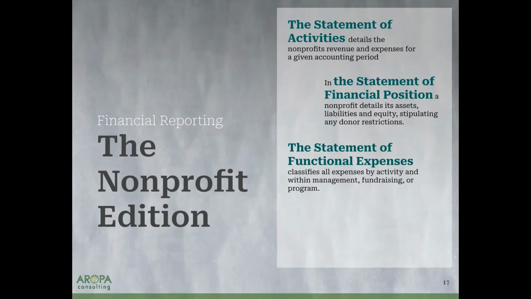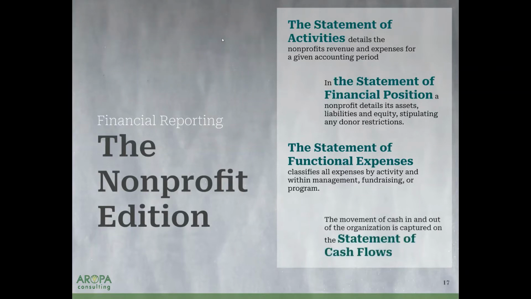This is very important. Like I said, it's a part of your nonprofit tax return. And then finally is the statement of cash flows. This is very similar to the for-profit context. It is just an understanding of the movement of cash in a given period for your organization.